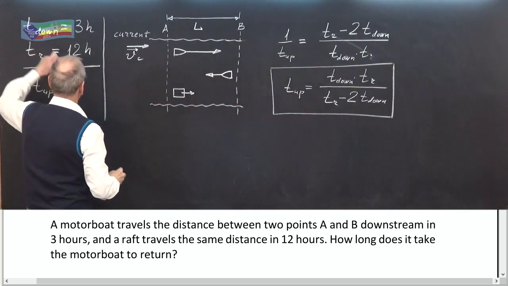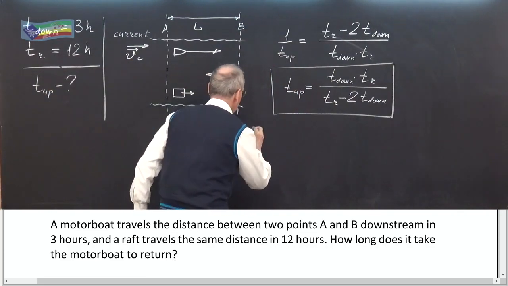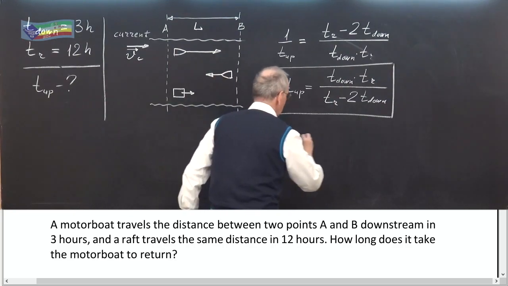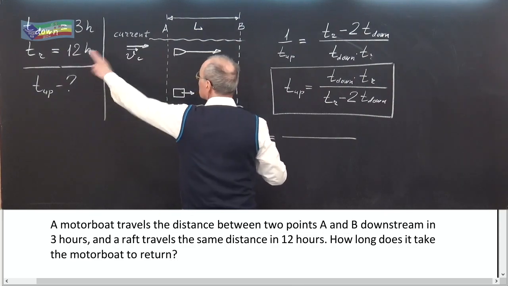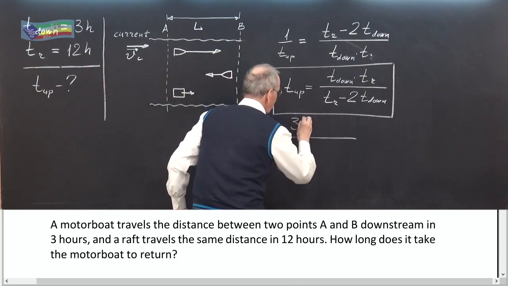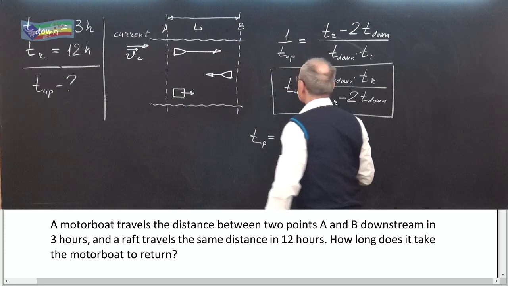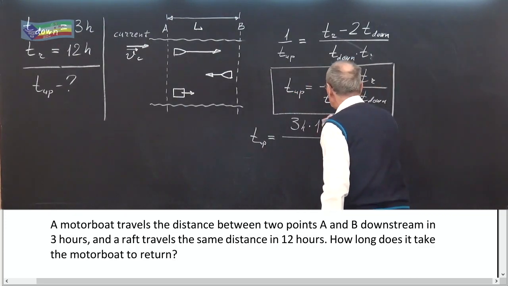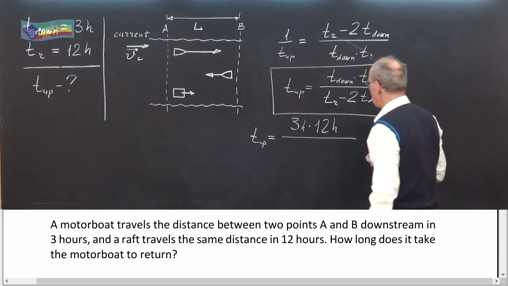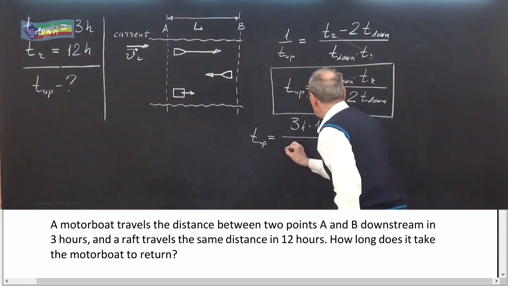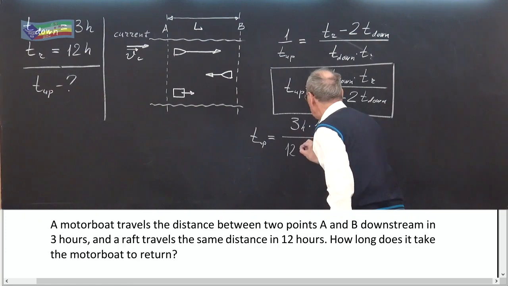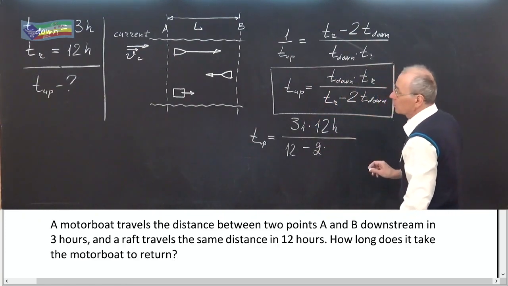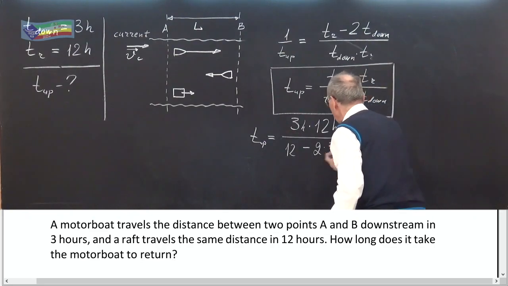Substitute numbers into this expression. T up is T down 3 hours times T raft 12 hours over 12 hours minus twice 3 hours.